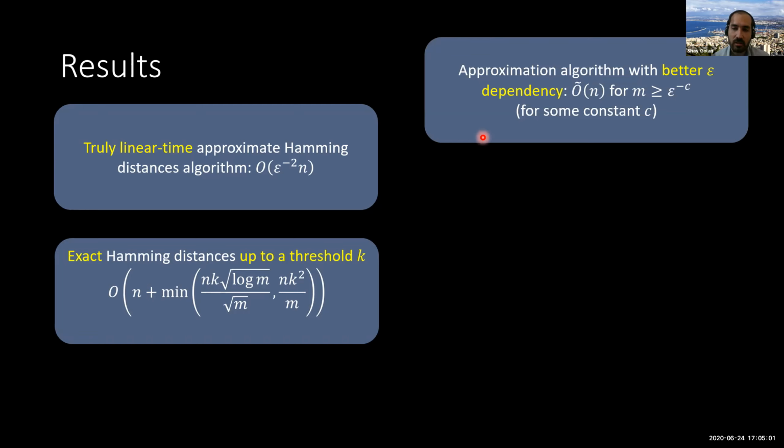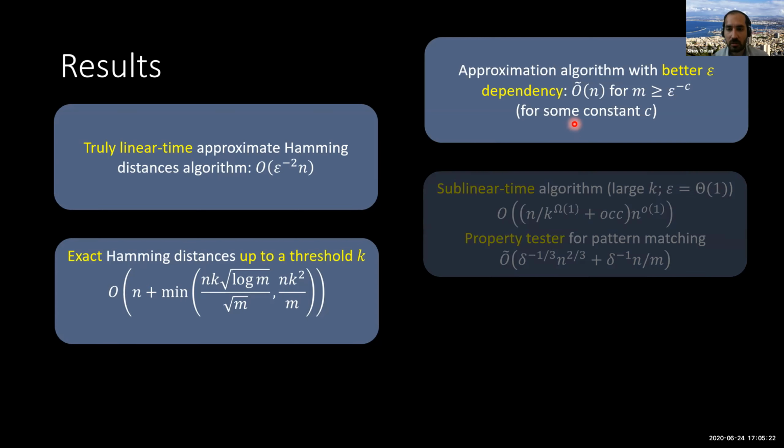on the other hand, if we want to improve the epsilon dependence and not the logarithmic dependence on n, we can achieve linear time, O tilde of n time, n times polylog n for large patterns or small epsilon. The relation between the pattern and the epsilon is considered.